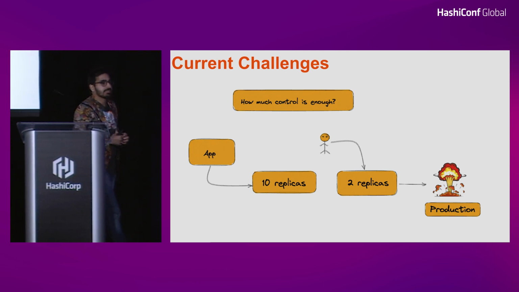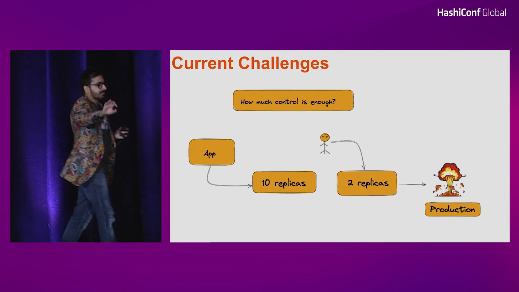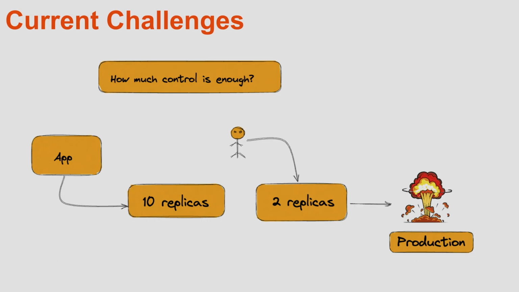Let's say that there is an application that is deployed and it is running 10 replicas because you need 10 replicas with respect to the traffic. But the developer does not know that. And they have the pipeline set up to deploy to production. And they say, oh, why are there 10 replicas? Let me just put it to 2 replicas. And boom, your production is gone.